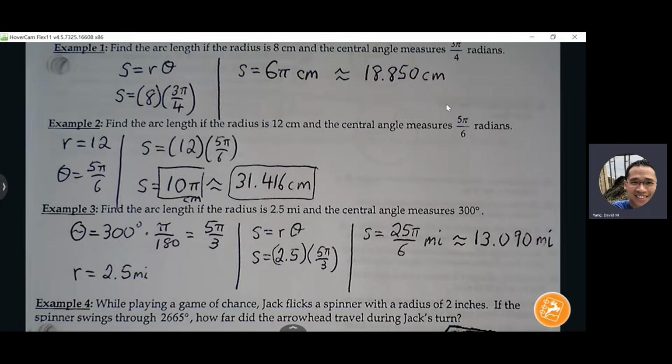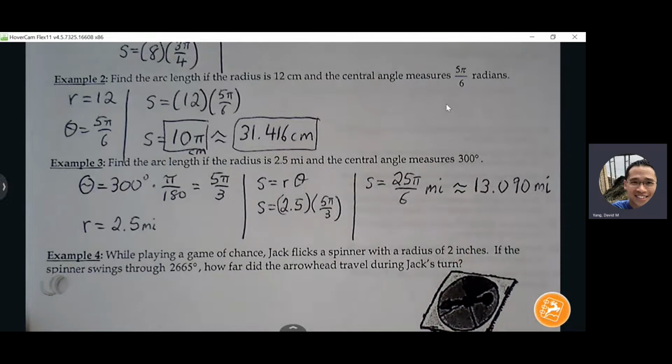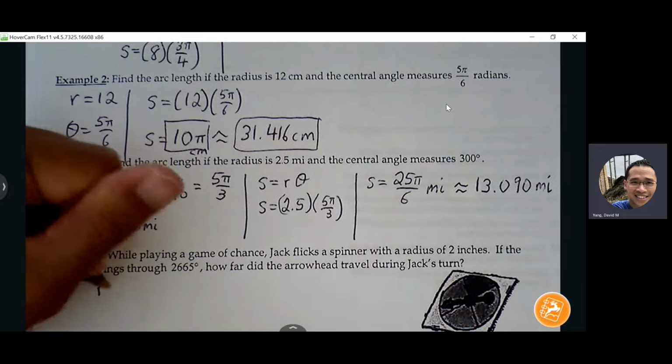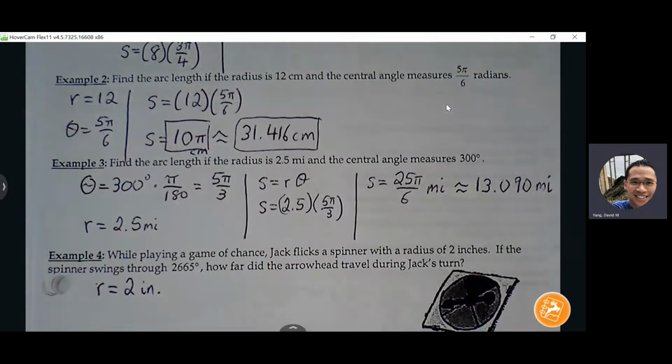All right, let's work through number 4 together. While playing a game of chance, Jack flicks a spinner. This is a circular spinner here with a radius of 2 inches. So we can go ahead and put that information down.